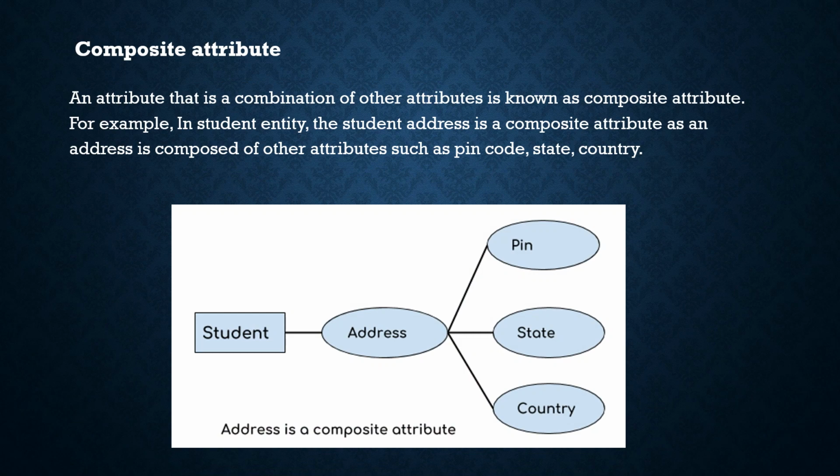So that's why address is a composite attribute. This one is also very important. So what do you mean by composite attribute? You can expect this question for 3 marks or 2 marks. For 3 marks you have to draw this diagram also. For 2 marks you just need to explain, explanation is very important, right?